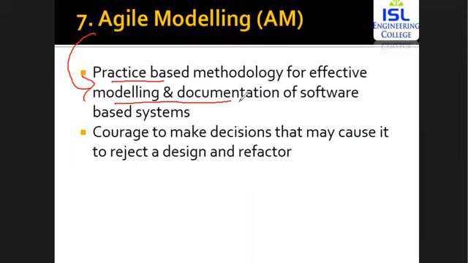Now this Agile modeling also focuses on courage: whenever you're developing a particular model using Agile modeling, you need to be confident enough to make decisions, even if making a decision might mean that all the work you have done goes to waste and you need to start again from the beginning, but that was the best decision that was taken. So you need to have that courage to make specific decisions that are going to be very helpful for the software that you're developing.